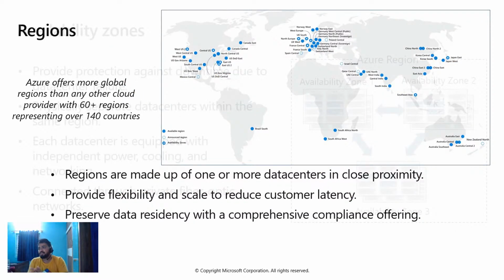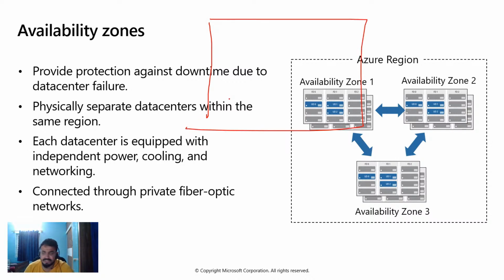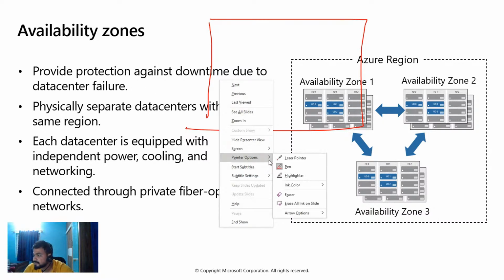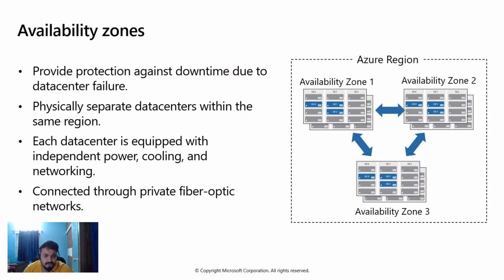Next, what are availability zones now? I told you about regions. Consider I have my data in a Bangalore data center. So let me open Notepad, which is better for you guys to understand.